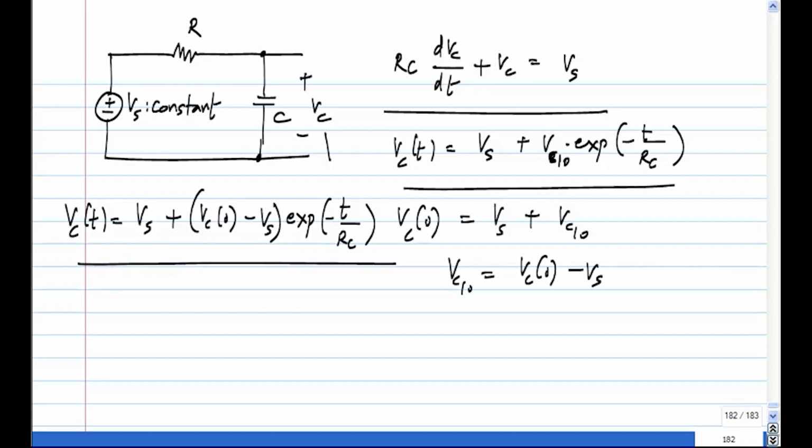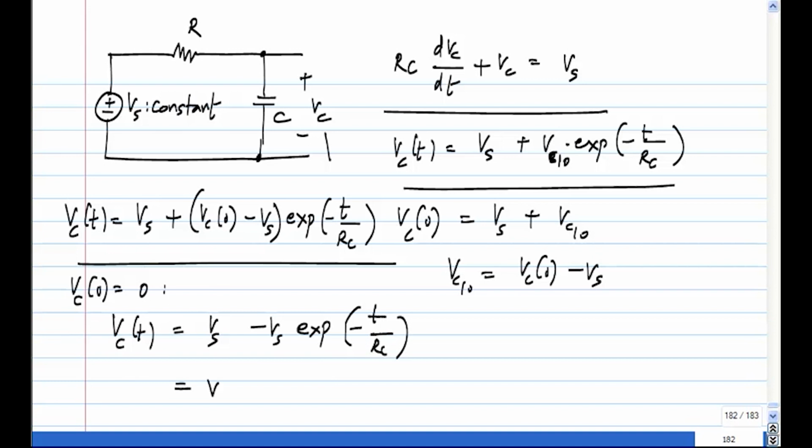Okay. Now probably the case that you are most familiar with is when the capacitor starts from a discharged state, when Vc of 0 is equal to 0. What's the solution to that? So Vc of t will be Vs minus Vs exponential minus t by Rc.